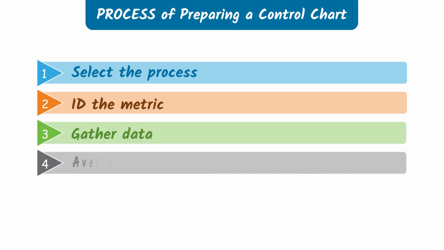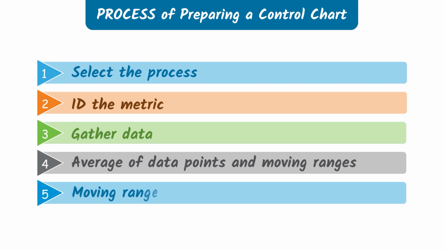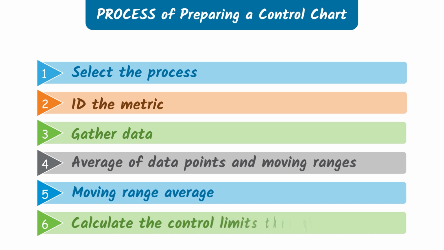We calculated the average of those 25 and also calculated moving ranges. Then we calculated the moving range average. And then we used our ready-made formulas to calculate 3 standard deviations above and 3 standard deviations below our average, that is our upper control limit and lower control limit. And then we of course plotted those limits on our run chart to make our final control chart.